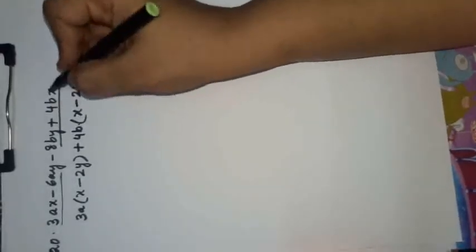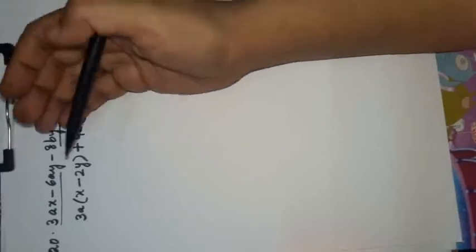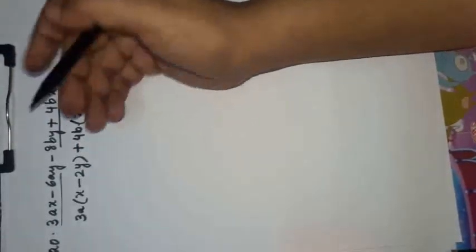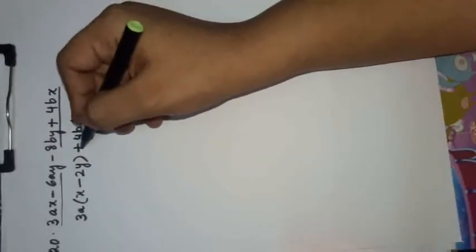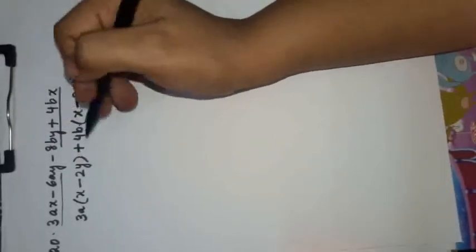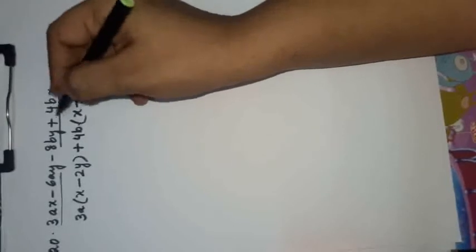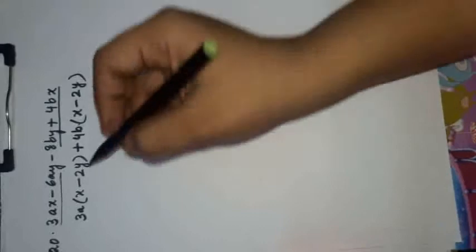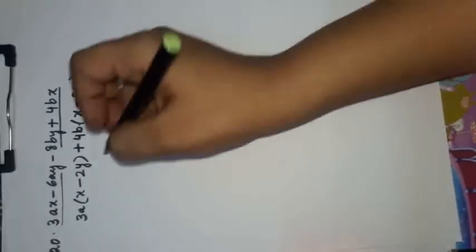Why am I taking this term first? Because again x minus 2y we are getting here. To make it x minus 2y, you would have to make this negative as positive. So better we first take this term as common and then this one. Now x minus 2y is common in both.